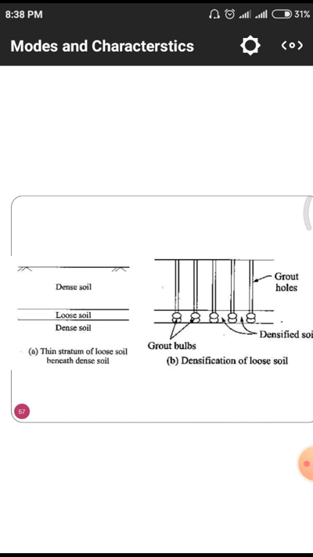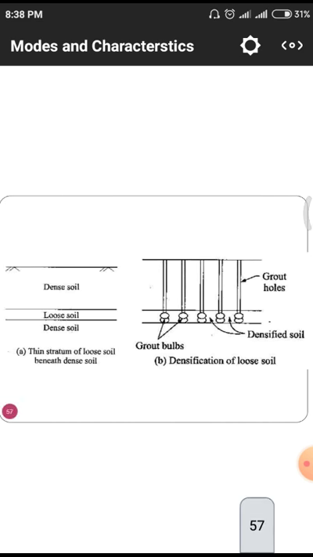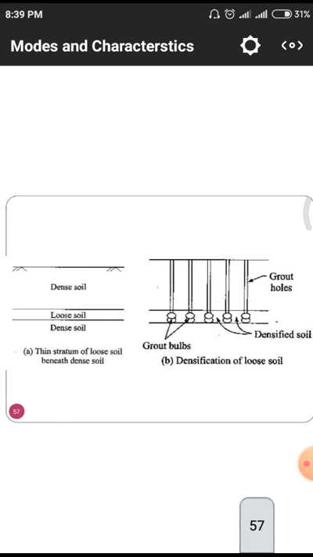In the medium condition we have some loose soils, and these loose soils are also responsible for water flow. To control those, they have to go for the construction of this kind of grouting technique with the help of some grouting pipes. That means holes are arranged. From the holes they inject the grout through these grouting pipes. Some of the densified soils are given, and grout bulbs and densification of loose soils are also there.